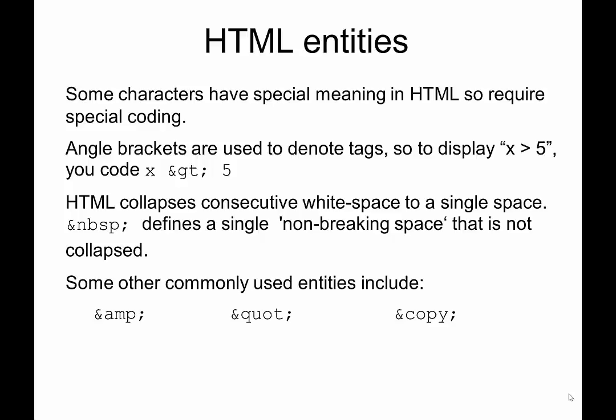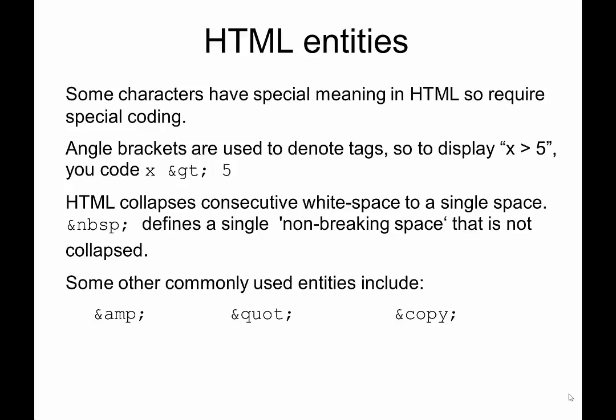So what happens is that web browsers collapse all what we call white space, which includes individual space characters but also tabs, into a single space. So if you want 2 spaces next to each other or 5 spaces next to each other, you have to use this non-breaking space character. And if you wanted 5 non-breaking spaces, you would need 5 of these in a line, and that would give you 5 empty character spaces.